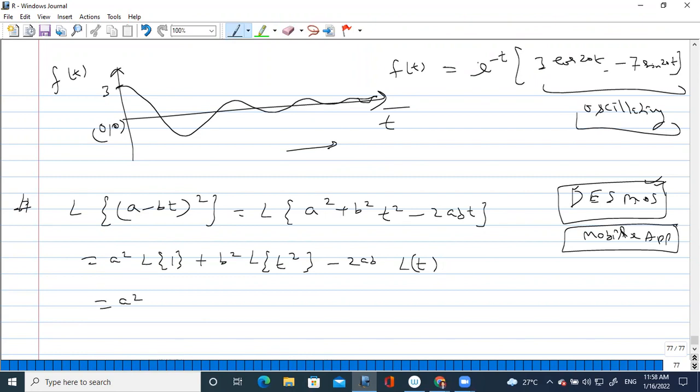Now a square into Laplace of 1 is 1 by s. b square into Laplace of t square means factorial 2 divided by s to the power 2 plus 1, that is 3. Minus 2ab into Laplace of t, which is factorial 1, that is 1, divided by s to the power 2.